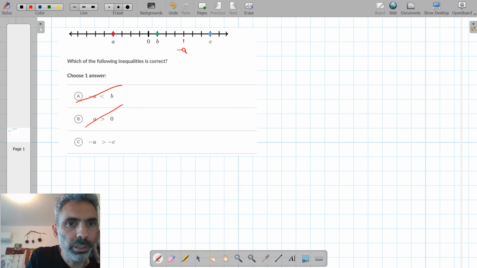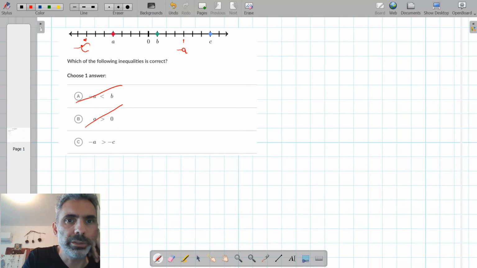Minus A is greater than minus C. Minus C is 7 hash marks to the right of the 0, so minus C is the opposite, 7 hash marks to the left of the 0.